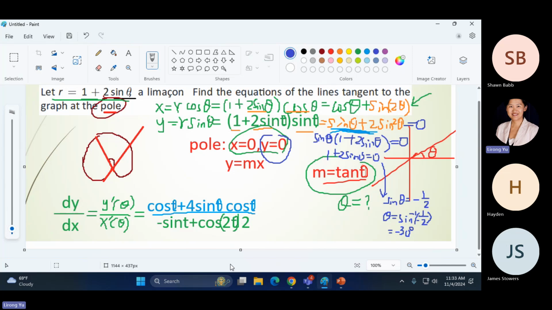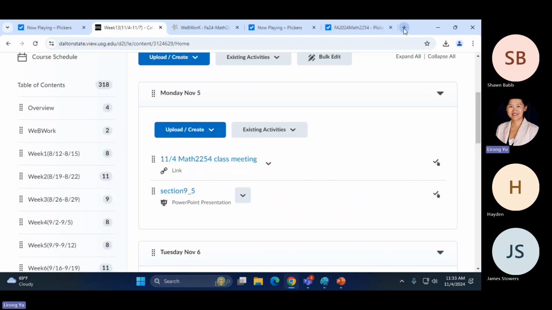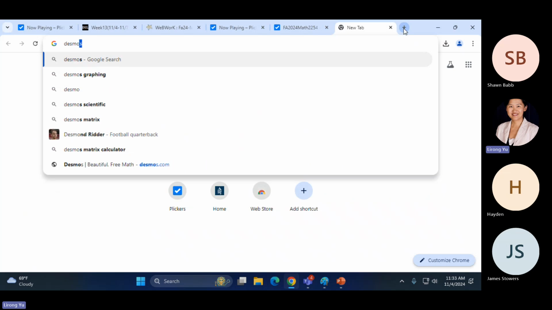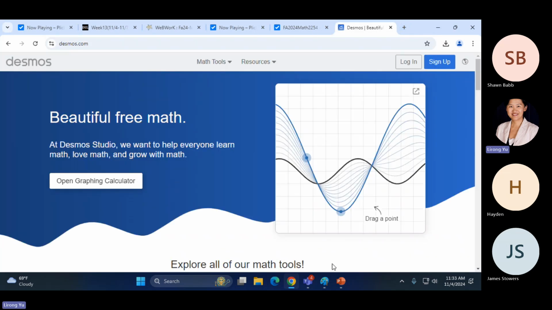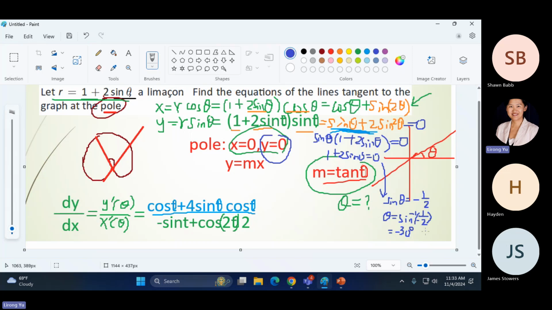Is that true? The way I drew it is not exactly right. Let me try to confirm the angle. Okay, so the 30 degrees is fine? Maybe that's this one, the negative 30 degrees. We normally would prefer a positive angle, but let's calculate it. There are two of them. We can find one and then work out the other by symmetry.